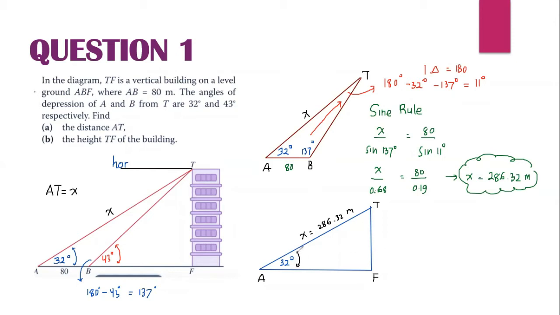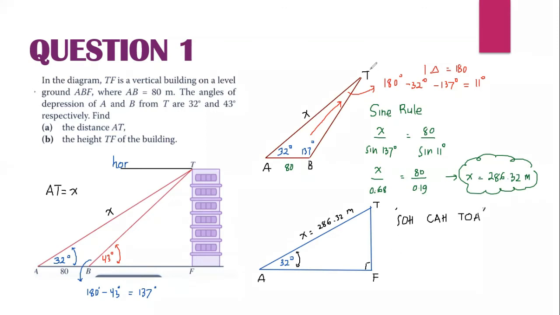The question is the height TF. I think it's very easy by SOHCAHTOA, right? By using the SOHCAHTOA concept, I think we can use sine, right, to the hypotenuse.